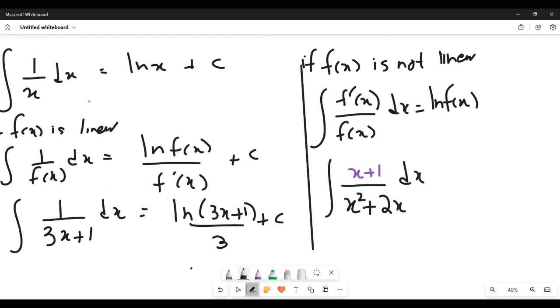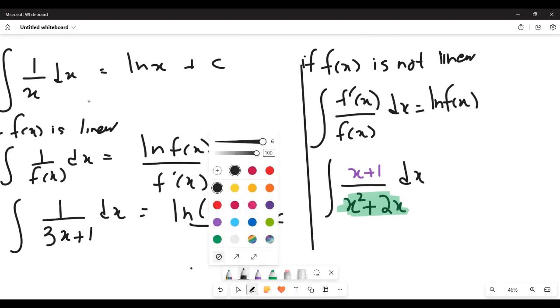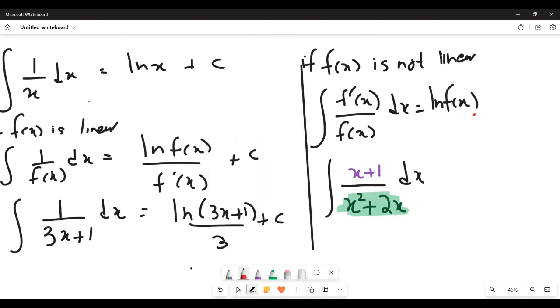Now, what's the derivative of the denominator? What is the derivative of x square plus 2x? 2x plus 2. Yes, but 2x plus 2 is not what we have, but there's only a constant difference. So what you'll do now, you'll multiply this with 2 inside and outside you write a half.